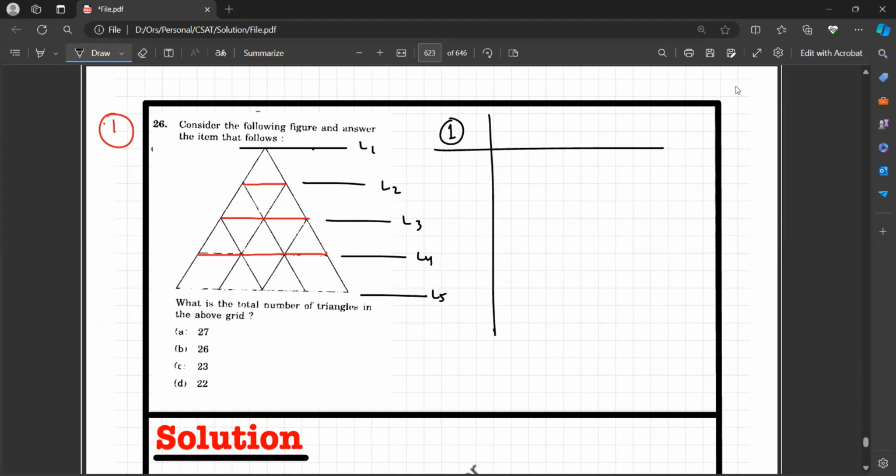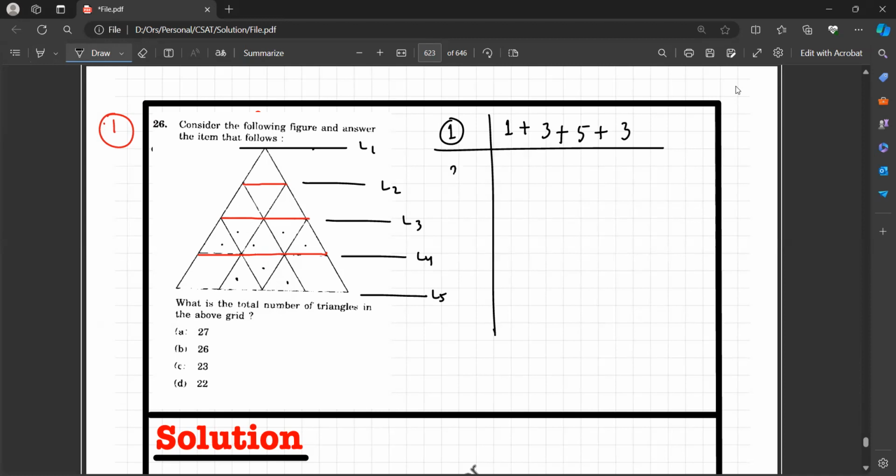Between level 1 and level 2, how many triangles are there? 1. Between level 2 and level 3, you can see 1, 2 and 3, right? So 3. Between level 3 and 4, 1, 2, 3, 4, 5. Got it? Between level 4 and level 5, 1, 2, 3. 3 triangles.